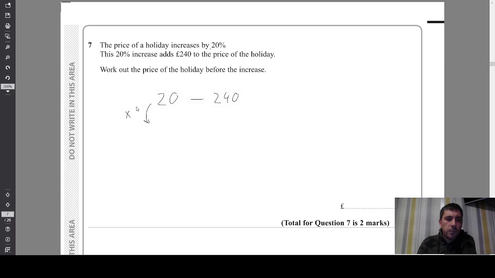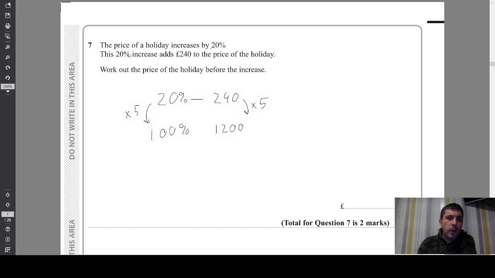I just times it by 5. To get 100%, times it by 5, as I need to check how many times I can fit 20 into 100. And the same on the other side, so times by 5, and we'll get 1,200 dollars.